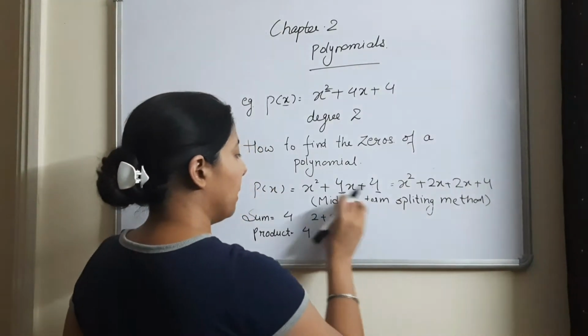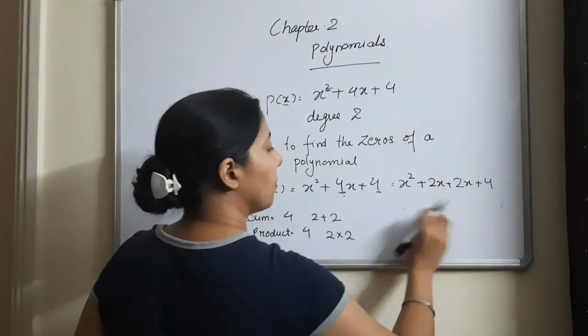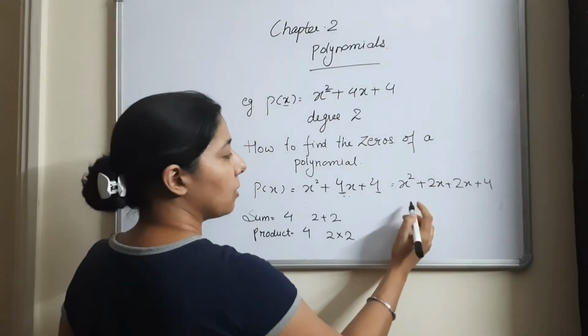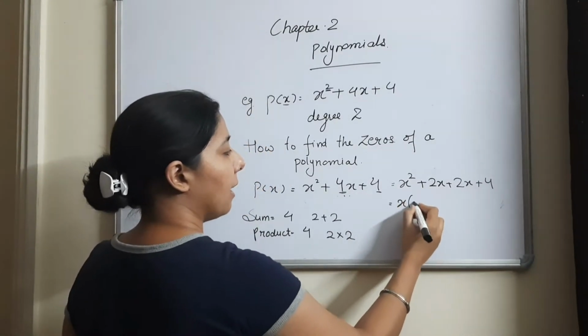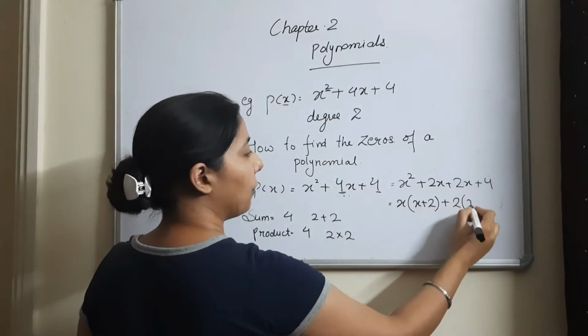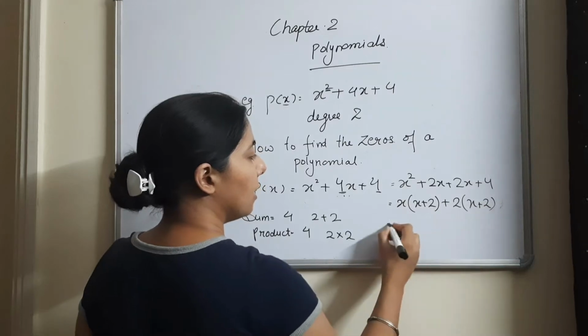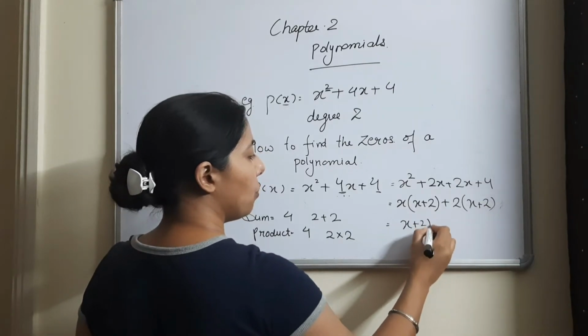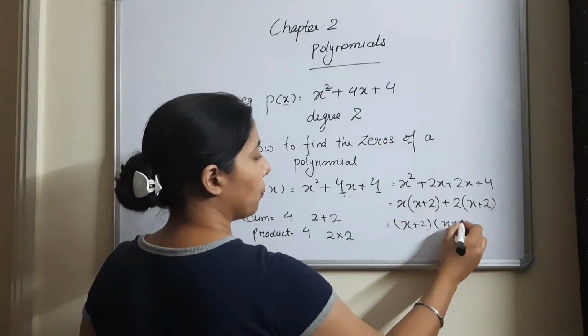In the next step we will take x common from here and are left with x plus 2 in the brackets, and 2 common from here and left with x plus 2 in the brackets. Your answer is x plus 2 and x plus 2.